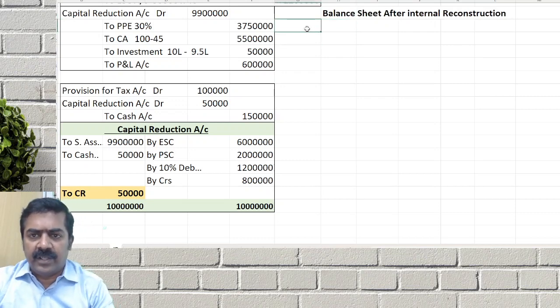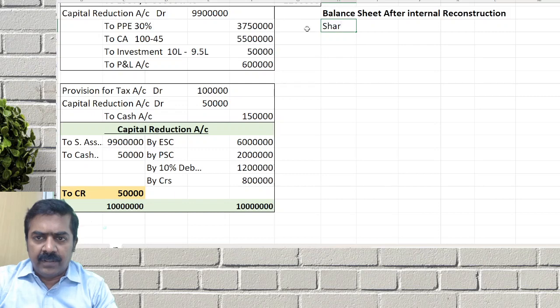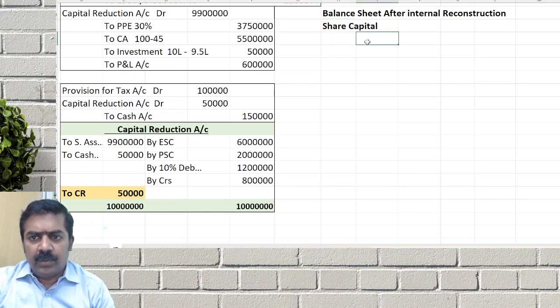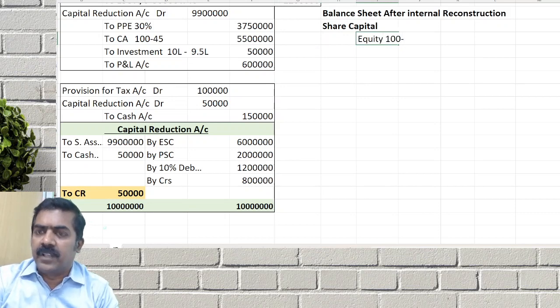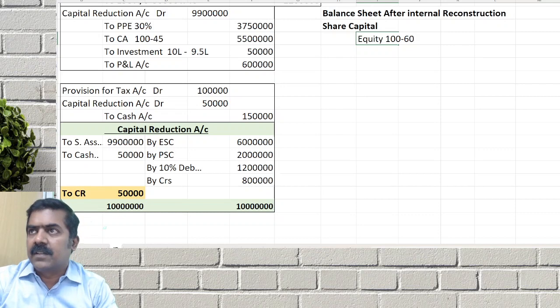Follow the example format. Share capital, how much will come? Look at equity, how much have we reduced? Out of 100 lakhs, how much have you reduced? 60 lakhs. 40 lakhs will come as equity share capital.